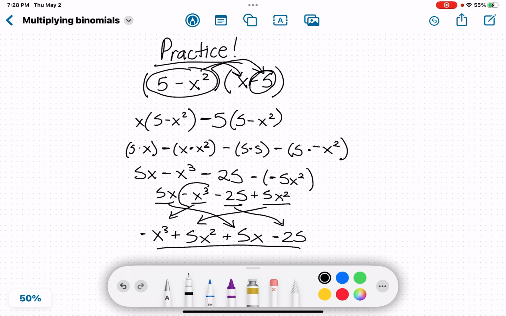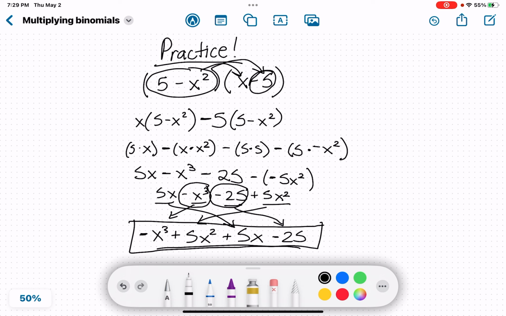It's a common mistake a lot of students make. Do you see here in the expression how there is a minus sign? You always bring the sign in front of the number with it. So you can never forget to bring the minus sign down. So our final expression is negative x to the third plus 5x squared plus 5x minus 25.